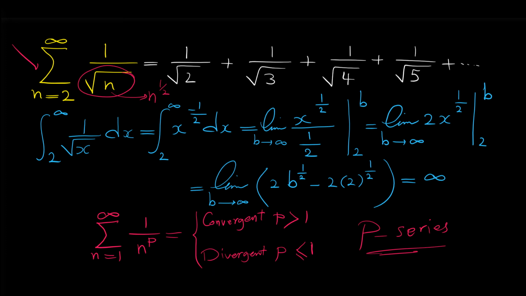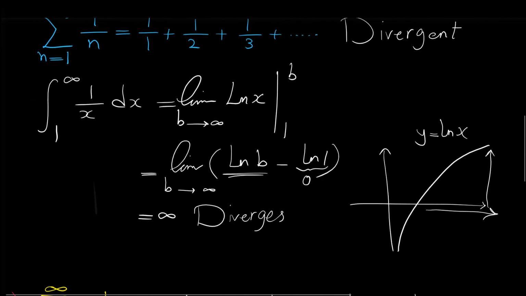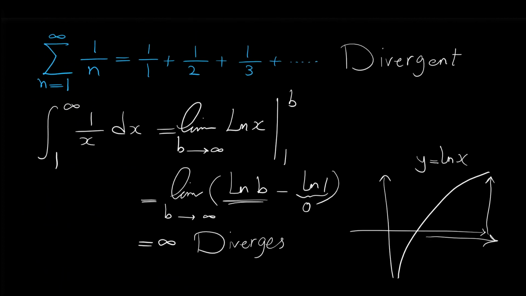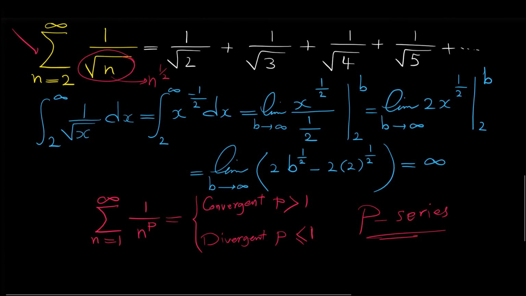If we look at the other examples that we did in this video, for example, the harmonic series, the power of n here is 1. And based on the p series, when the power is 1, the series is divergent.